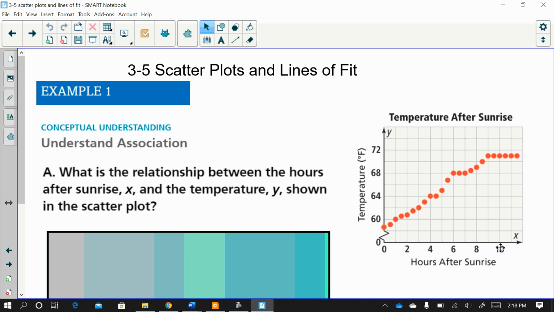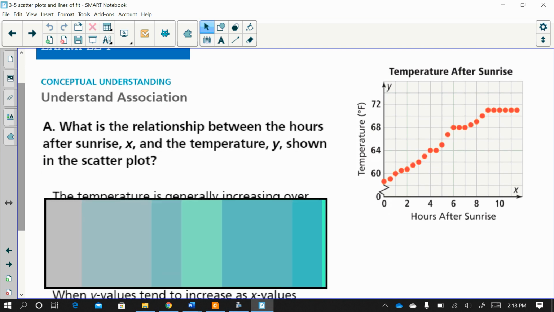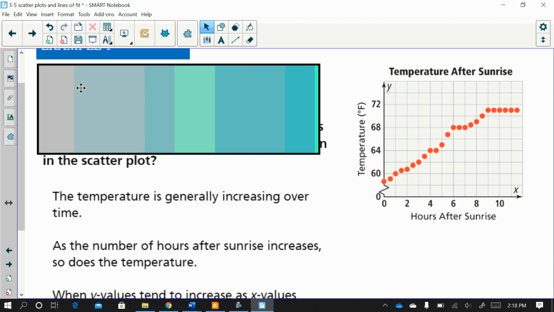Notice our x-axis is hours after sunrise, and the y-axis is the temperature. So what is the relationship between the hours after sunrise and the temperature shown in the scatter plot? As our hours after sunrise increases, what's happening to our temperature? Well, the temperature is generally increasing over time.